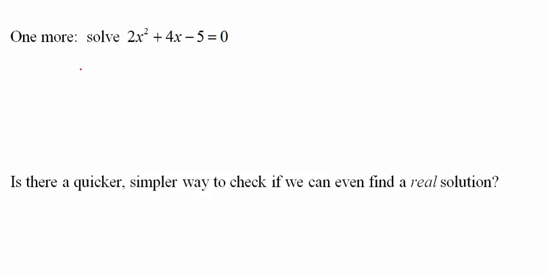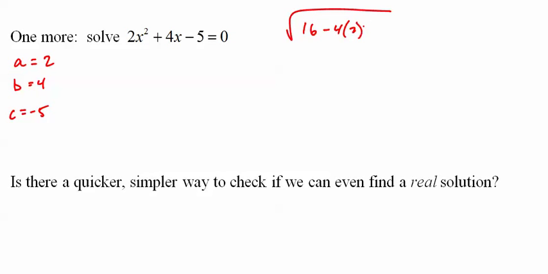So one more where the a value is not 1, but it doesn't really matter. a equals 2, b equals 4, c equals negative 5. 16 minus 4 times 2 times negative 5.